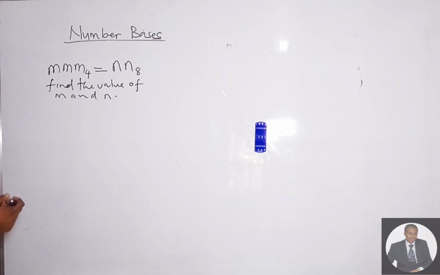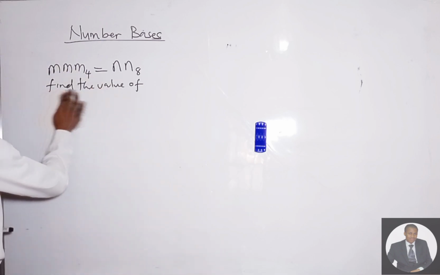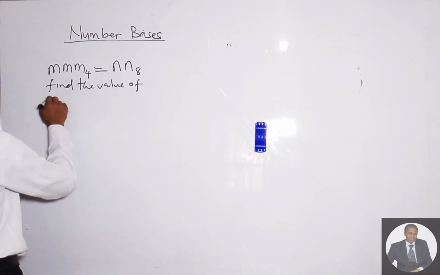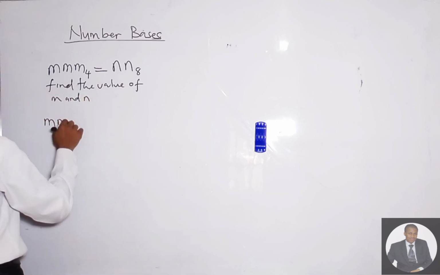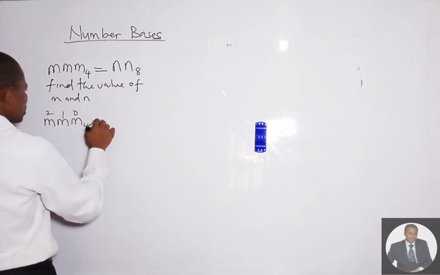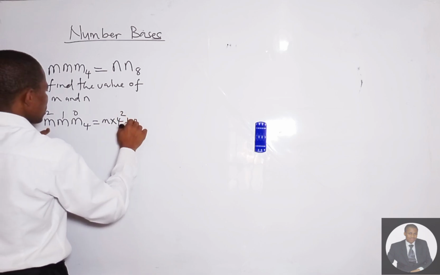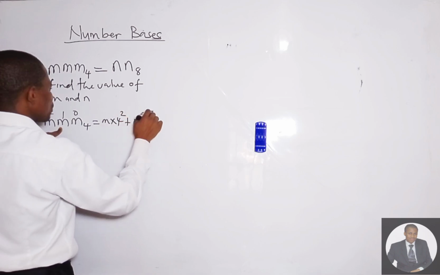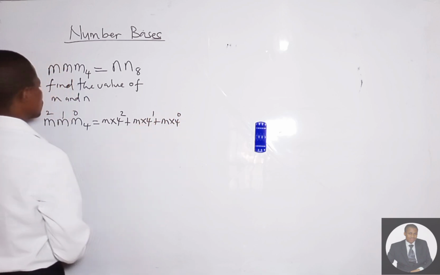So what we'll do is we convert all of them to base 10. So we have mm base 4, positions 0, 1. That will be m times 4 raised to power 1 plus m times 4 raised to power 0.